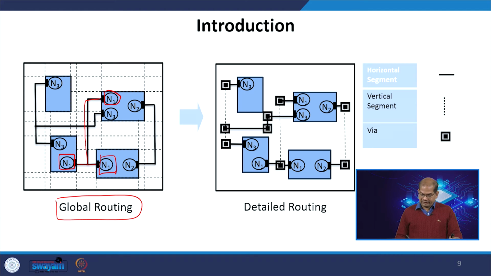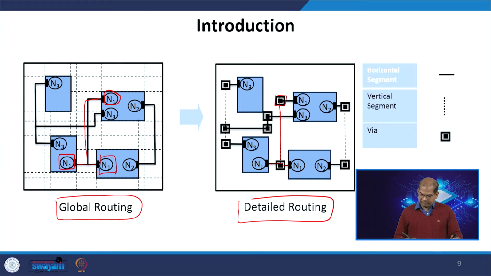Whenever I am going to the detailed routing, I am assigning the horizontal metals and the vertical metals to the net. So, if I have this N1 here, I have a horizontal metal here, then I have a horizontal metal here, then I have a vertical metal here, and these are connected through a metal 1 and metal 2 via. Okay.